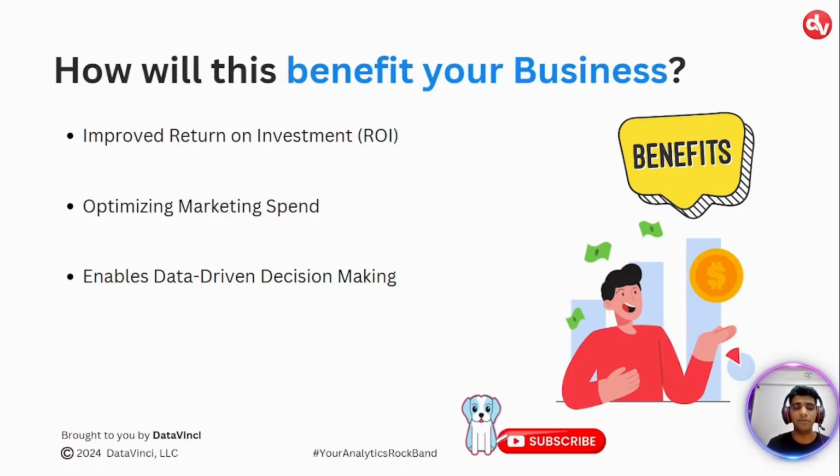For instance, if your budget for paid social and paid search is 50-50, you could increase the budget for paid search by 20% or something like that, depending on the actual returns that you're making. And once you do that, you're enabling data-driven decision making, which is the best sort of decision making that you can enable for your business. So if this interests you, stay tuned for the whole presentation.